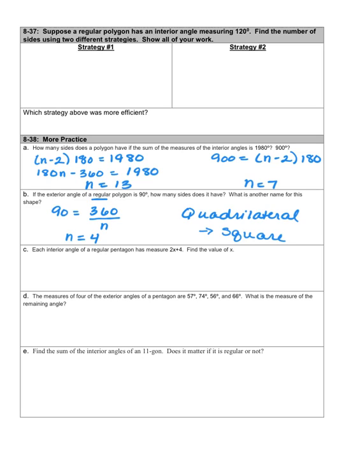Since we are working with a regular pentagon, we know that it has 5 sides, and that each of those sides has the same length, and each interior angle has the same measure. So that means each interior angle has a measure of 5 minus 2 times 180 divided by 5.